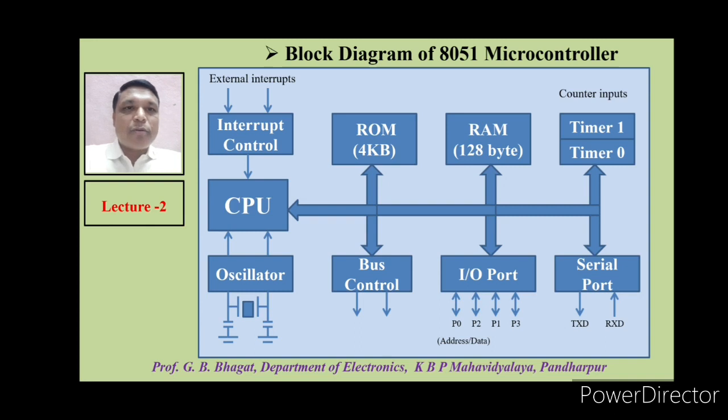This 8051 microcontroller operates with a clock frequency of 11.0592 MHz. Therefore, it requires a crystal of 11.0592 MHz. This is all about the block diagram of microcontroller 8051.